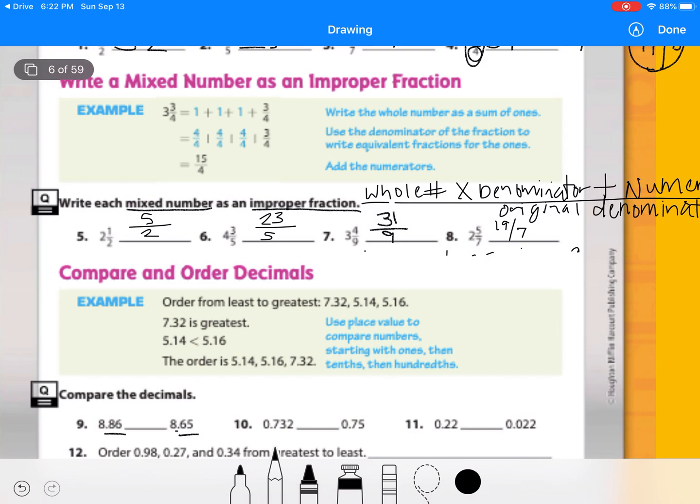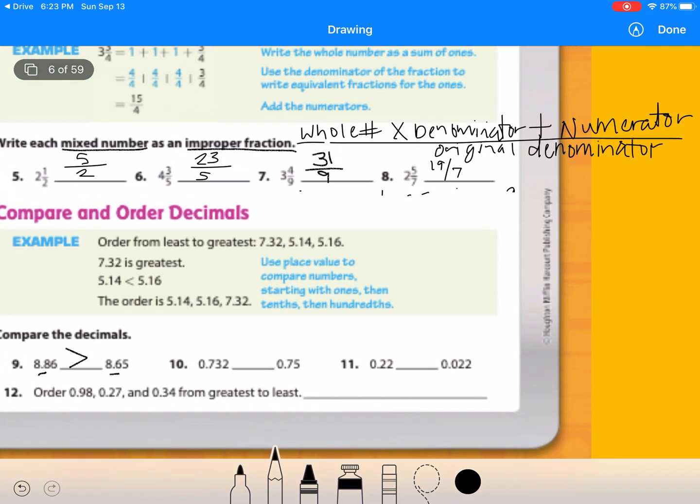Then we look at 6 and 8. You basically only need to look at the tenths place. The tenths place is the first spot behind the decimal. 8 and 86 hundredths or 8 and 65 hundredths. If it goes to 2 decimal places, you can think of it like money. That's like $8.86 or $8.65. You obviously want $8.86, so it's greater.